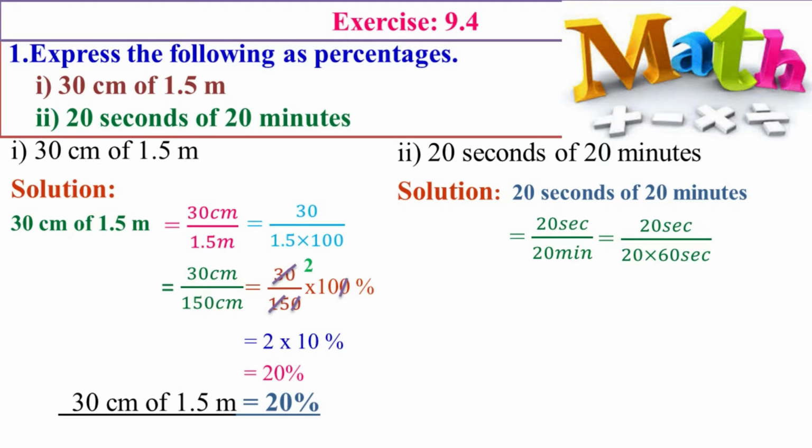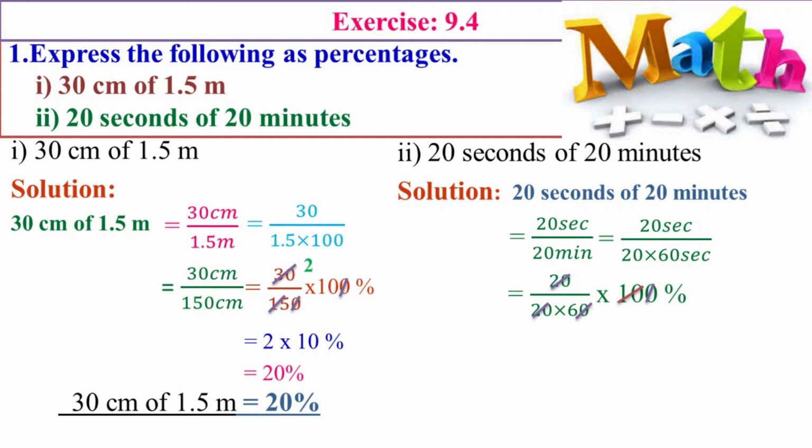Yes, we have to multiply by 100 to convert it into percentage. We have to multiply by 100 percentage. Now cancel 20, 20 in the numerator as well as in the denominator. And 0 in 60 the denominator and 1 0 in 100.